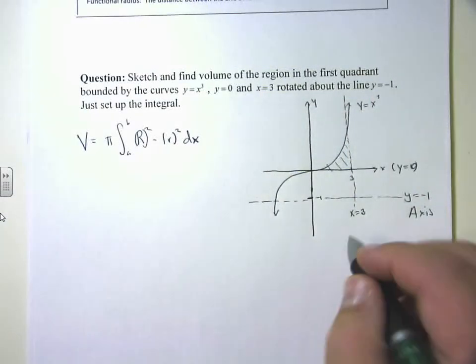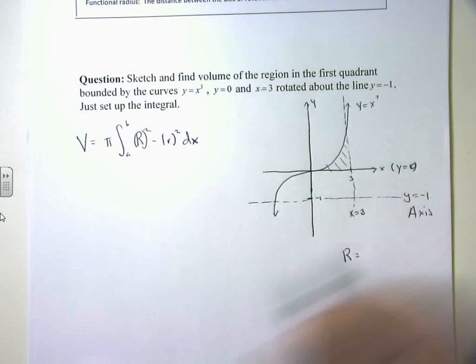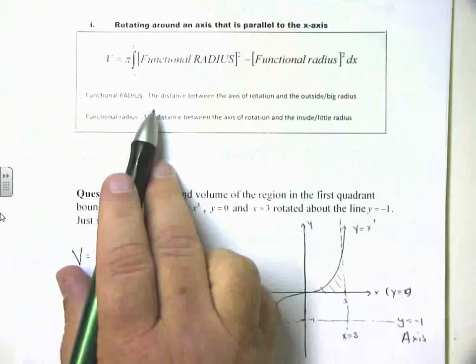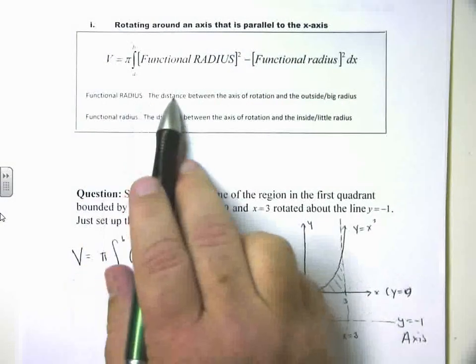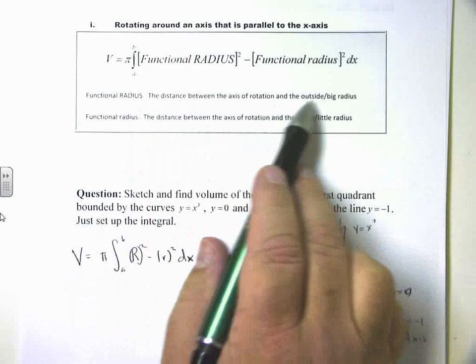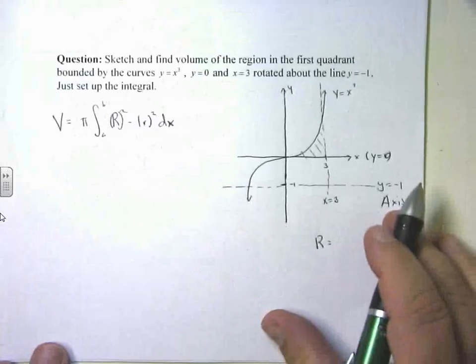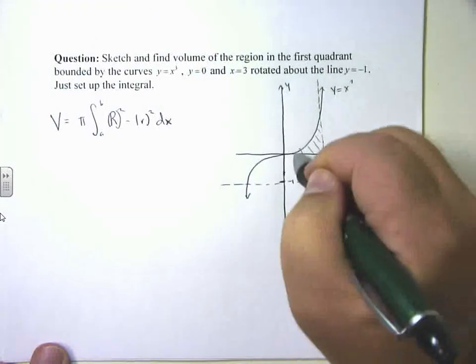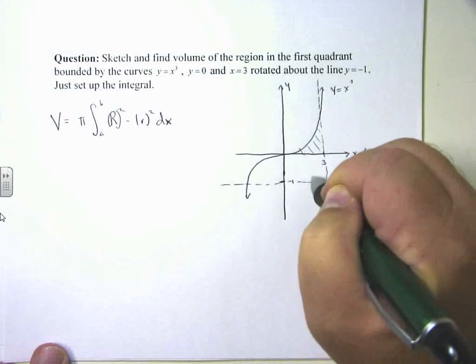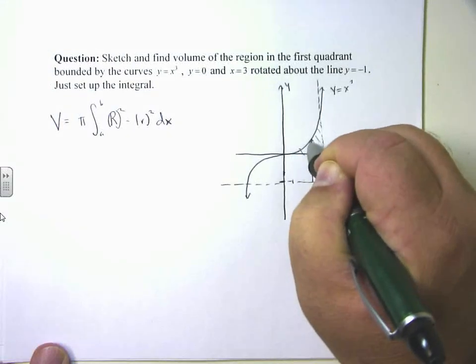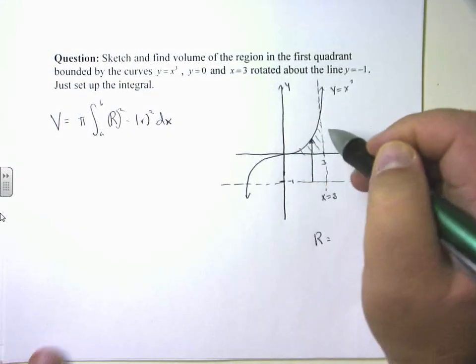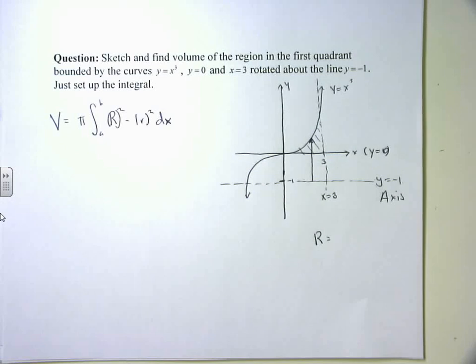Now, I need to calculate what my big radius is. This big functional radius is the distance between the axis of rotation and the outside function, which creates our big radius. So here's my axis of rotation. Here's the region. The outside of that region is on the top side. And anytime you're doing distance, it's either top minus bottom or right minus left.